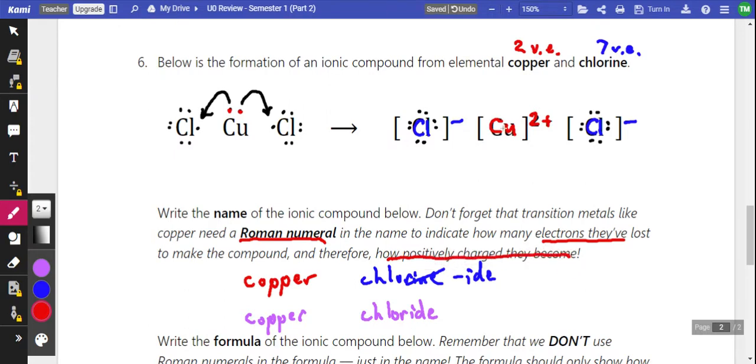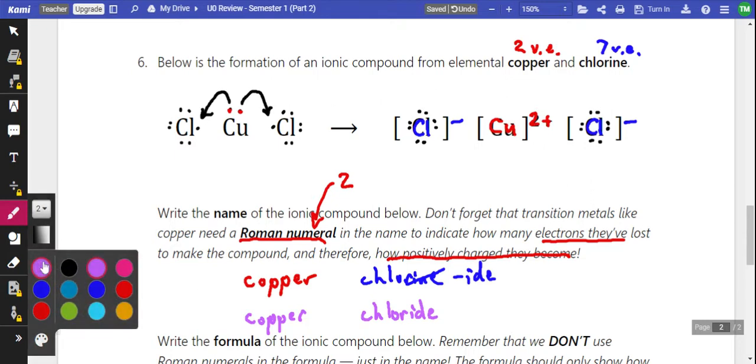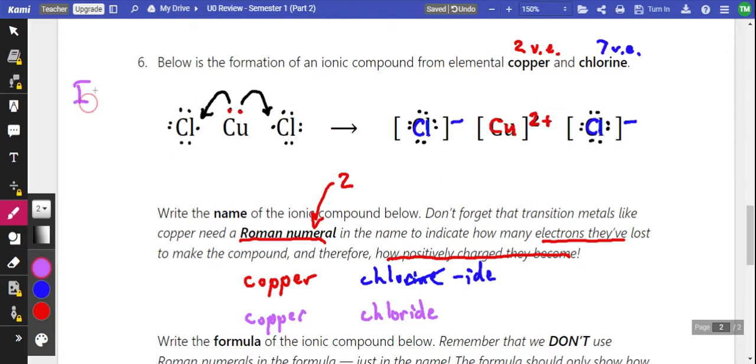In this case, copper loses 2 valence electrons and gets a positive 2 charge. So I need a Roman numeral for 2, both for the 2 valence electrons we lost and the positive 2 charge that we get. Our Roman numerals are like this: I is 1, II is 2, III is 3, IV is 4, and you can go on to more.